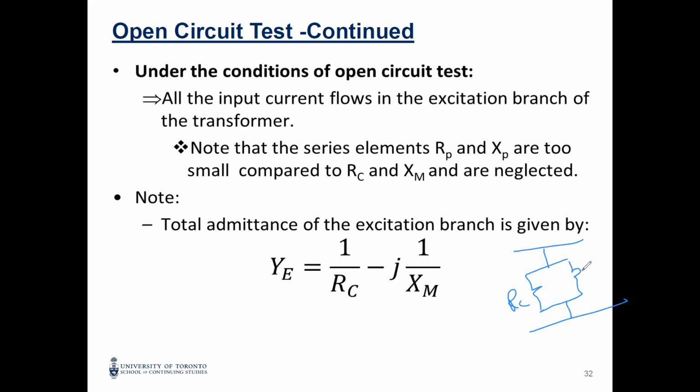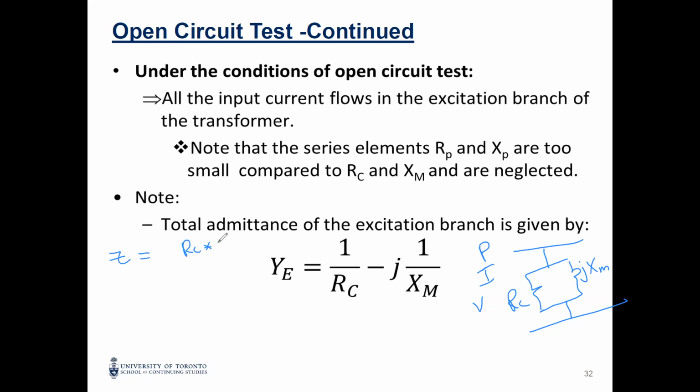You only need to memorize some equations. You have two elements, RC and jXM in parallel, and you have the power, current, and voltage. How can we calculate this? As long as you have R and X in parallel, it's easier to use admittance instead of impedance, because they are in parallel, right?